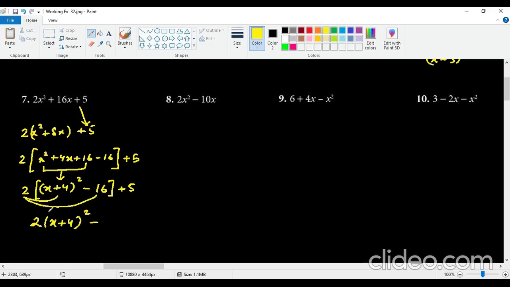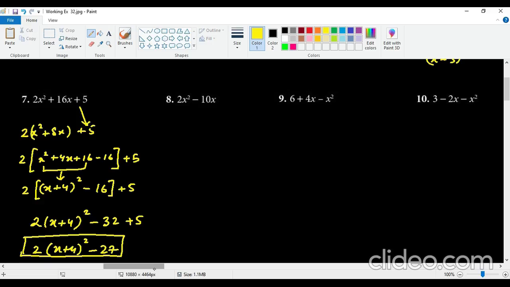Okay, so please be reminded. Now when 16 is multiplied by 2, it's going to give you 32, and then comes plus 5. So finally what we will have is 2(x + 4) whole square and then minus 27. This is going to be your final answer. The only thing you should be careful about is to separate 2 first.